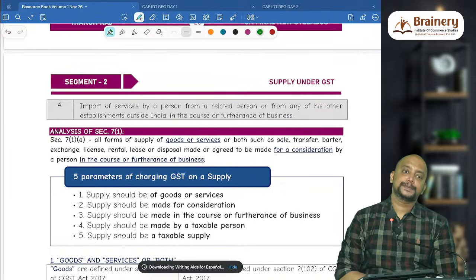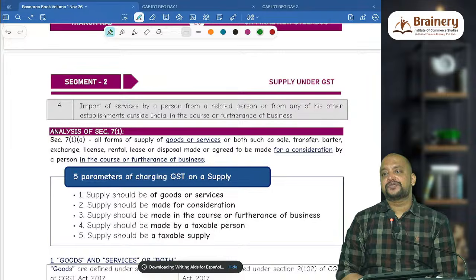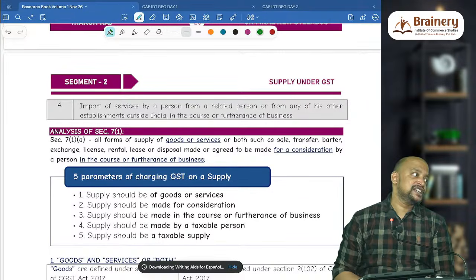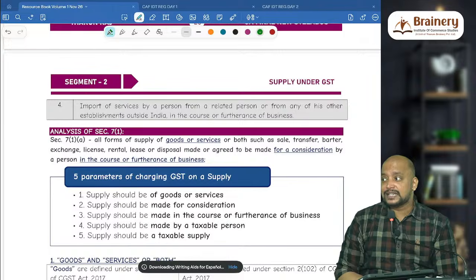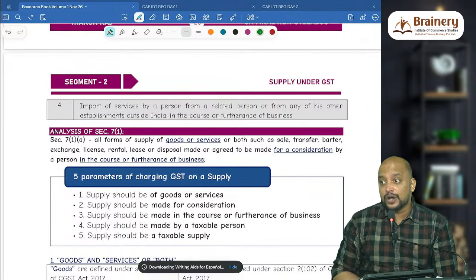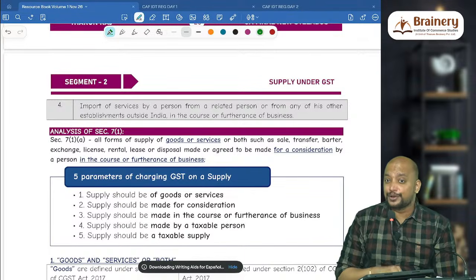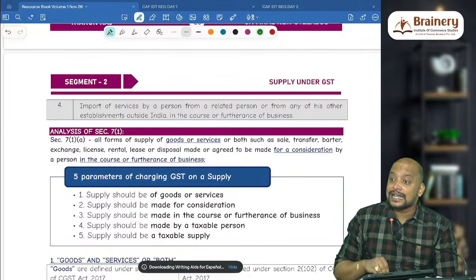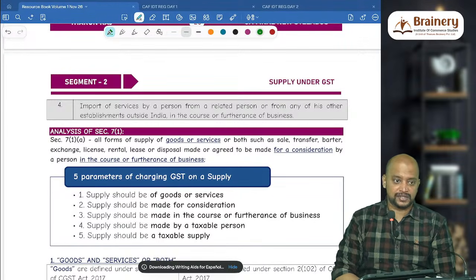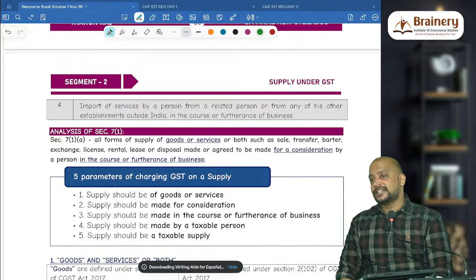Next, related party. 7(1)(b) is import of service from any person, but 7(1)(c) is import of service from a related person. 7(1)(b) is for consideration, 7(1)(c) is without consideration. 7(1)(b) is whether or not in the course or furtherance of business, but 7(1)(c) should be in the course or furtherance of business.